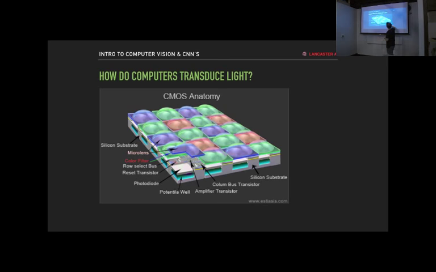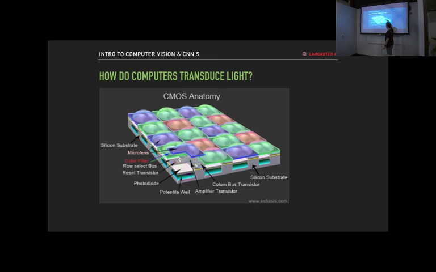It has these little bubbles on it, and it's tough to see, but these gray ones are actually red. Okay? So you have red, green, and blue. Just like your eyes, 50% of this layer is green, 25% red, and 25% blue. So you have these little bubbles over there. And what these bubbles do is they only allow light of that spectrum to enter this little bucket, which is underneath all of them.